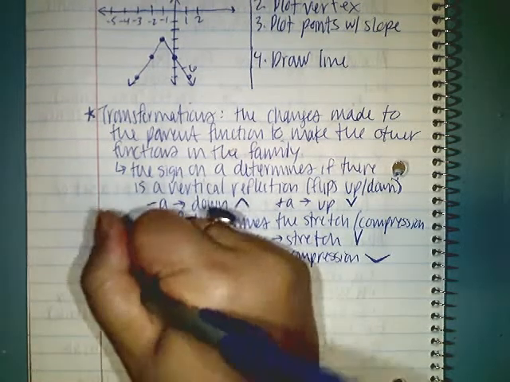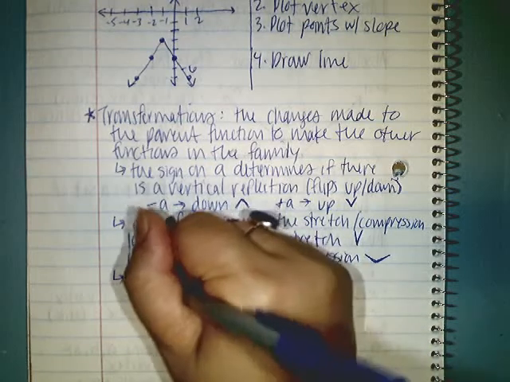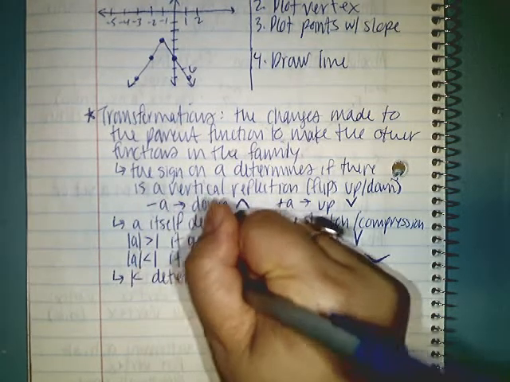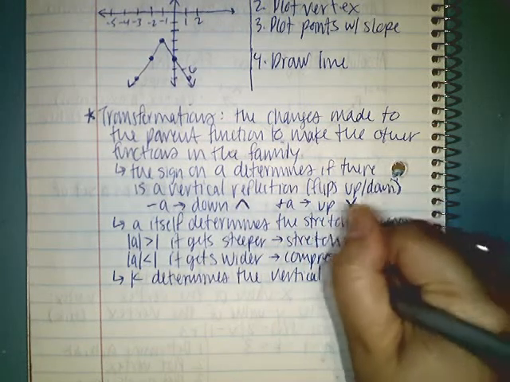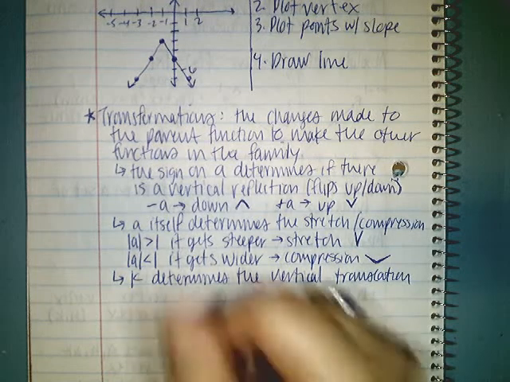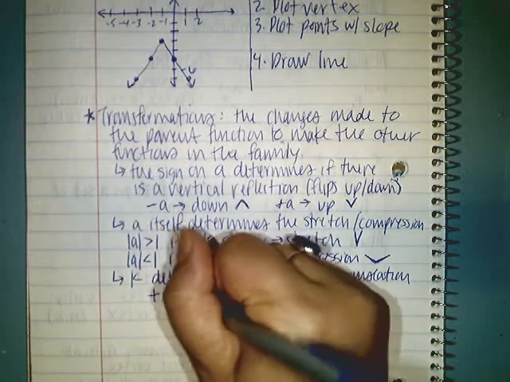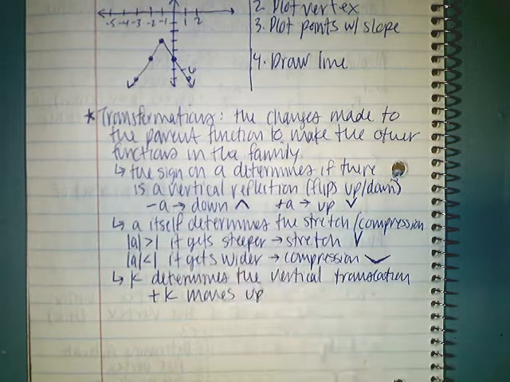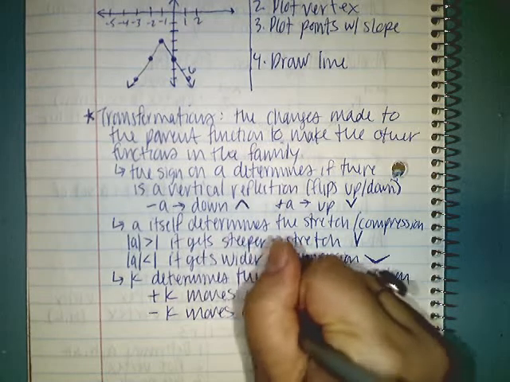The next one is, I'm going to skip over H for a second and talk about K. So K determines the vertical translation. So we'll start with positive K moves up, negative K moves down.